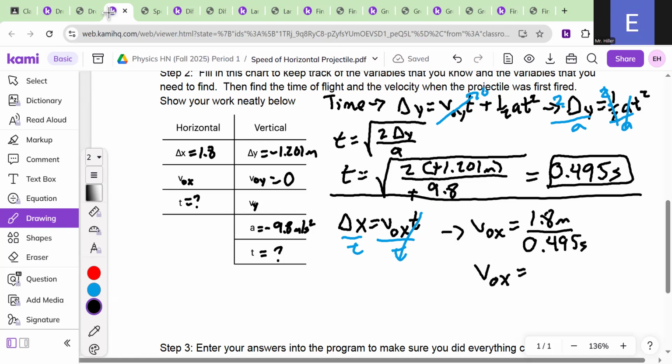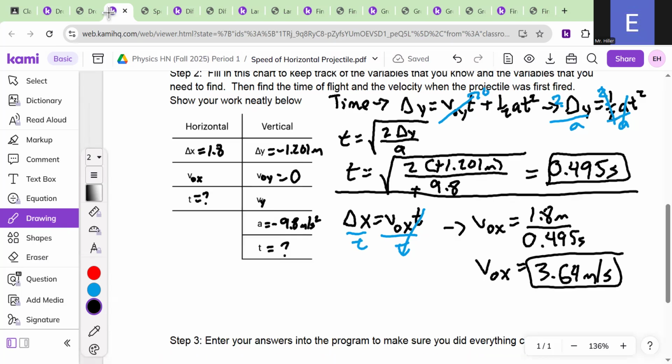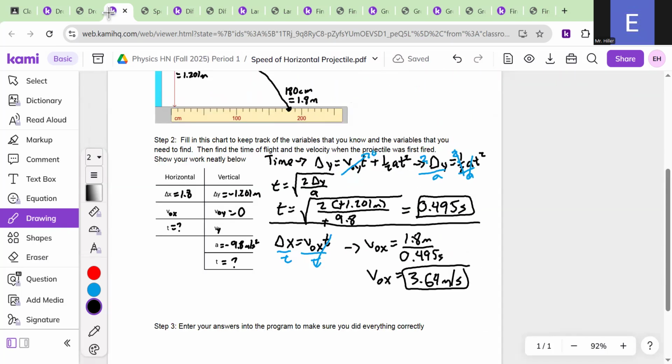My V naught x is 1.8 divided by 0.495. I'm looking at a launch speed of about 3.64 meters per second. Go ahead and calculate yours, and we're going to enter these values into the program and see how we did.